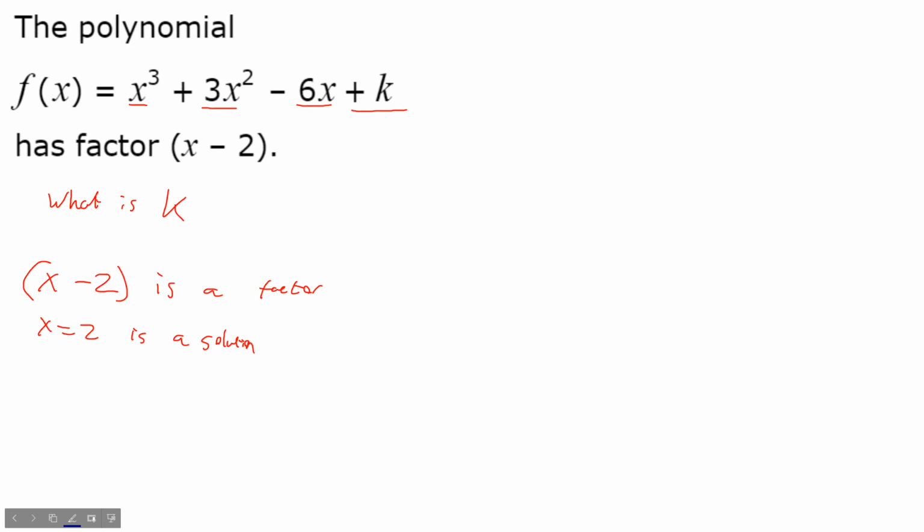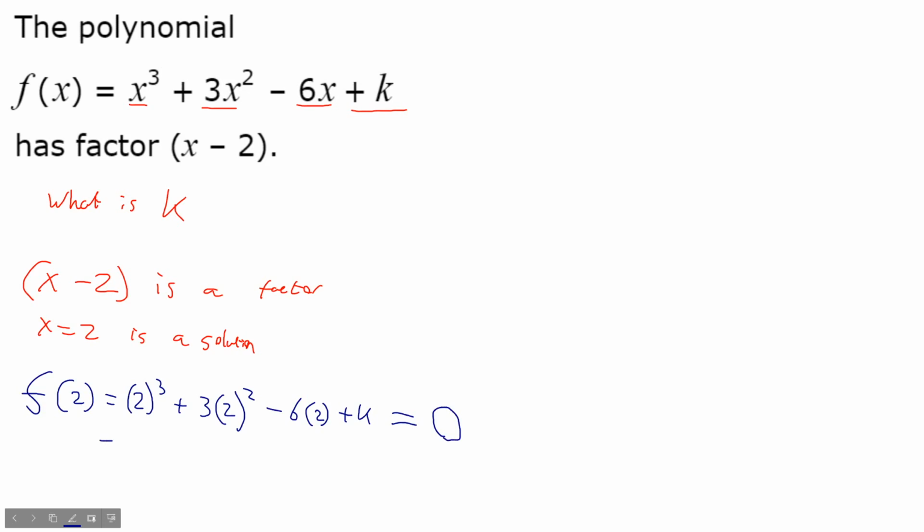And so all we need to do is use the factor theorem. So f of 2 is going to be 2 cubed plus 3 times 2 squared minus 6 times 2 plus k. And what's that all going to be equal to? Because it's a solution, exactly, it's going to be equal to 0.